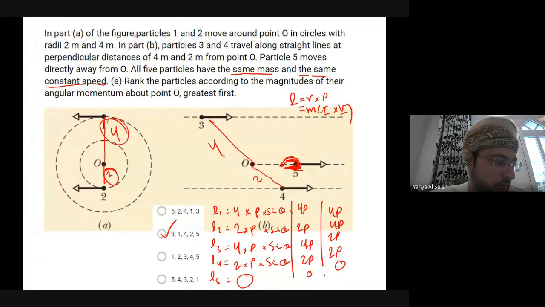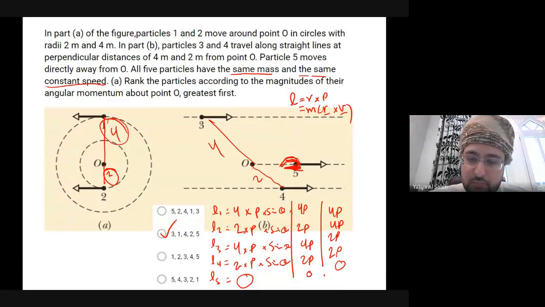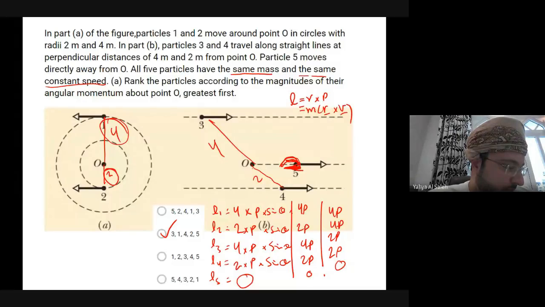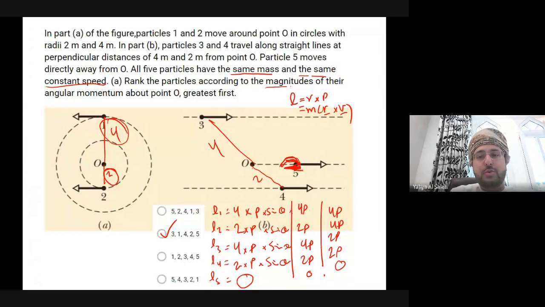Explain, Ryan. So here we're only looking at the magnitudes.